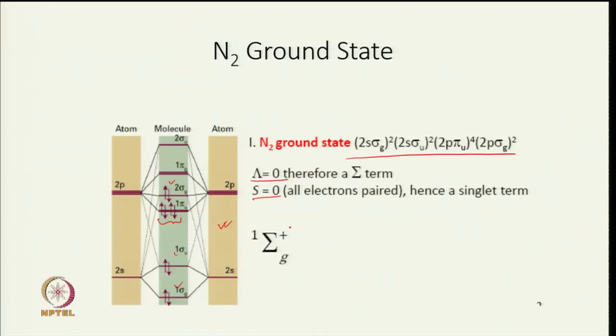Remember, a sigma bonding orbital is always gerade.